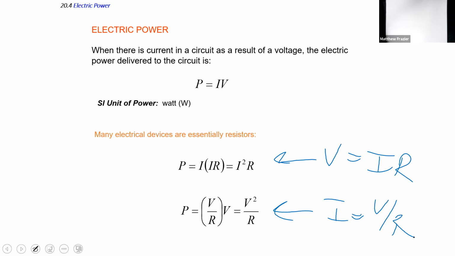In general, this equation is generally used with things like energy loss. How much energy is dissipated by a resistor when a certain current flows through it? That's important because if you build a circuit and you want it to be efficient, you have to care about where the energy goes.